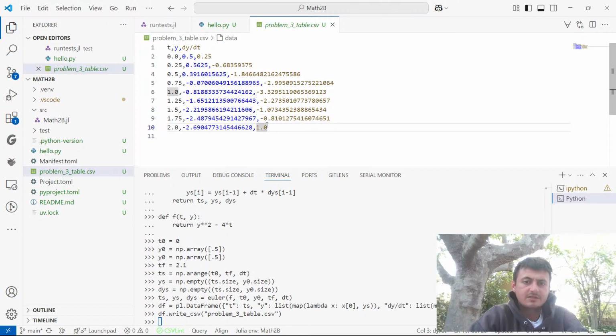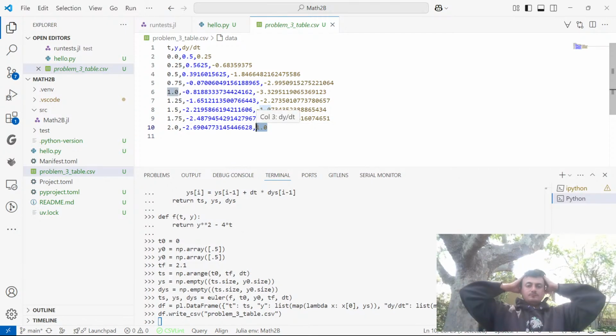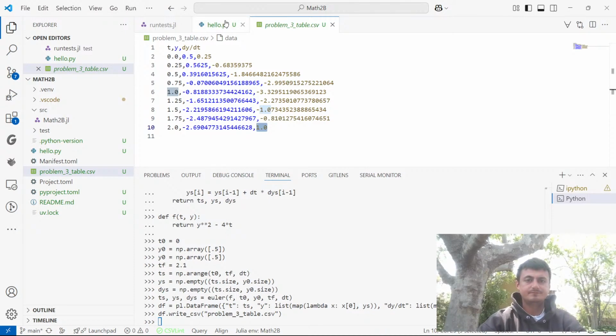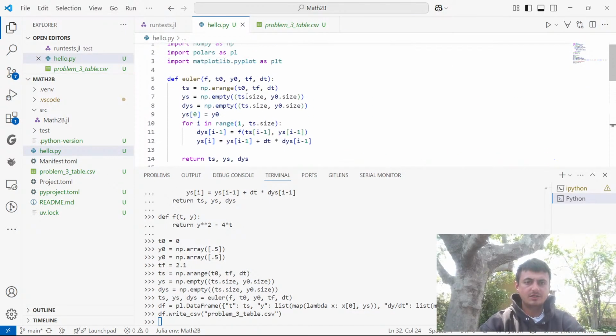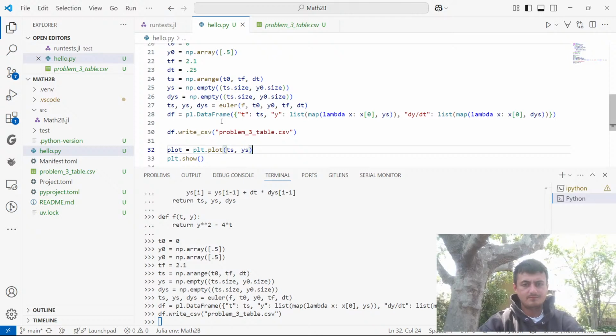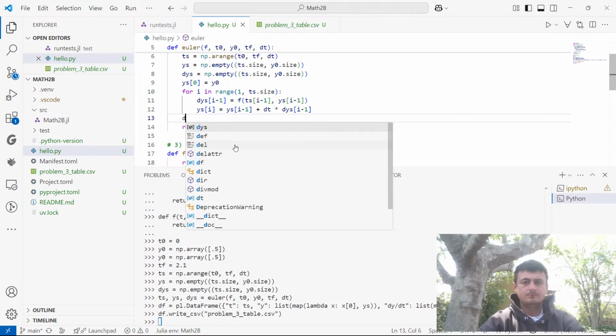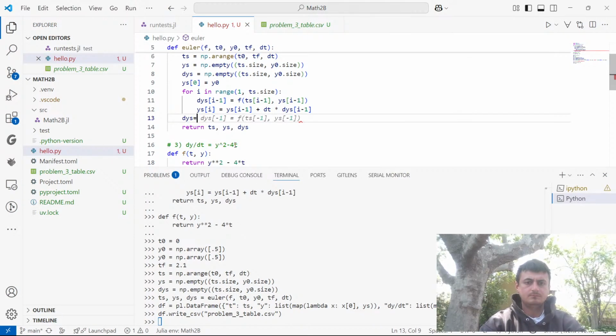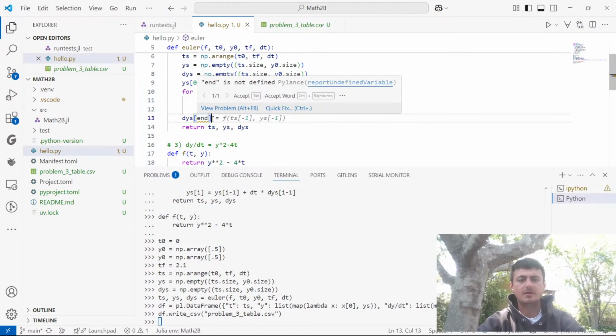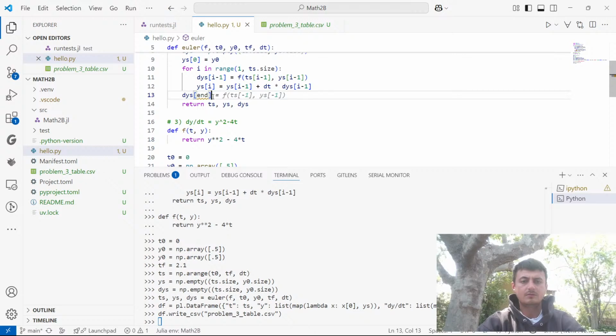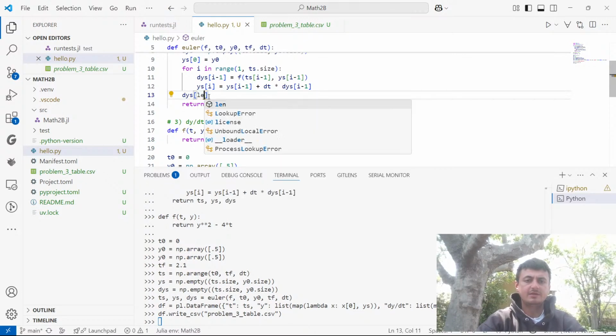Okay, this looks right except for the very last one, which is missing. Is there an end? How do you do the end? There's no way to do this, right? Do you have to do len?